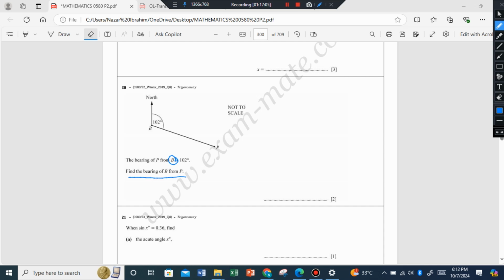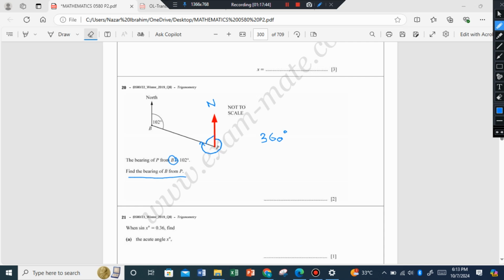It means that what we need to find out here is, this is north of P, and what I need to find out is the direction from north of P to B, the bearing of B from P. So first I will find out this angle, because I know the whole of this is 360, right?